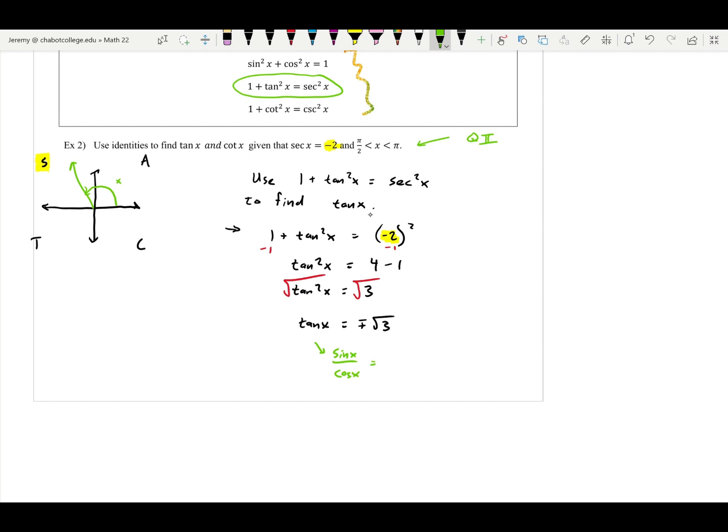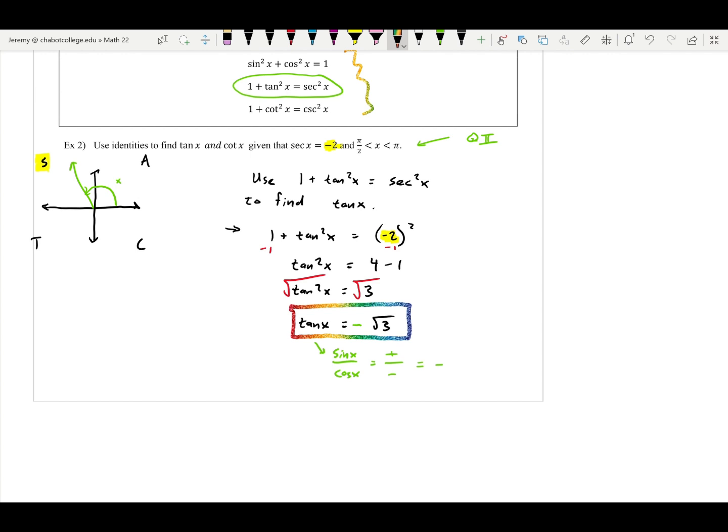And if sine is a positive number and cosine is a negative number, a positive divided by a negative is a negative number. So you could also think about it that way. So anyway, it's actually not going to be plus or minus. It is going to be minus. So tangent of x is -√3. I can go ahead and put a box around that because that's one of the values I was asked for.